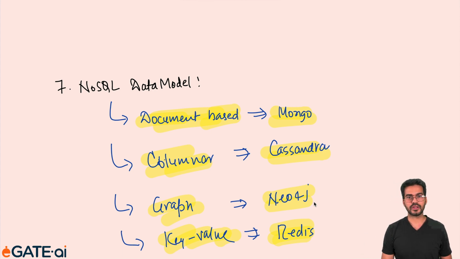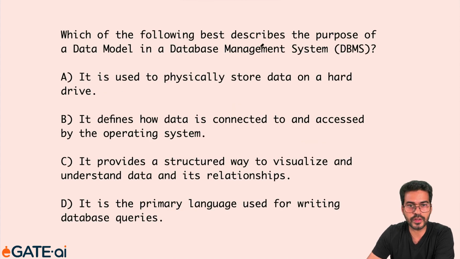In order to check your learning, maybe you can solve this question and see how you are doing. Which one of the following best describes the purpose of a data model in a database management system? The first option is, it is used to physically store data on a hard drive. Physically is the wrong keyword.